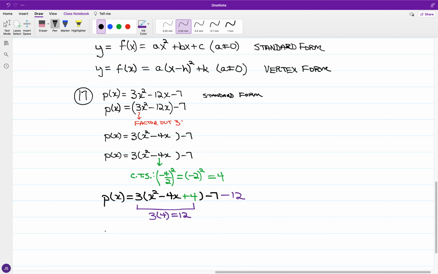All right, and you can do a little bit of a double check. So for right now, we have 3 times x squared minus 4x plus 4, and negative 7 minus 12, so this will be negative 19.